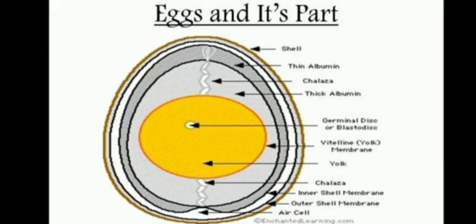Samtang nagkabugnaw siya, mo-contract na ang content and the inner shell membrane separates from the outer shell membrane para maka-form siya og air cell. So let us know what is an air cell.